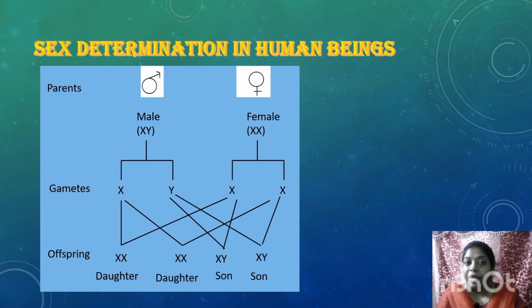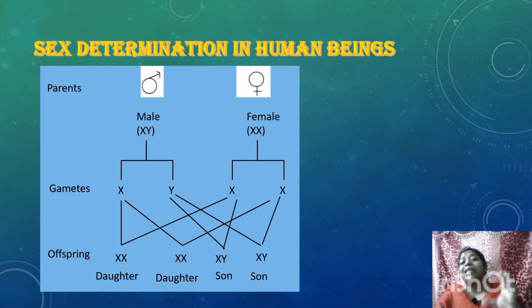Out of the 23 pairs, 22 pairs are called autosomes, and one pair is the sex chromosomes. If it is a male, he will have 22 plus XY. If she is a female, 22 plus XX. So this is the pairing of the chromosomes.